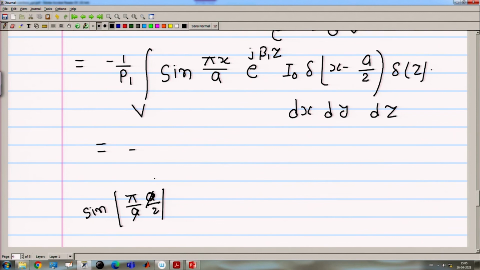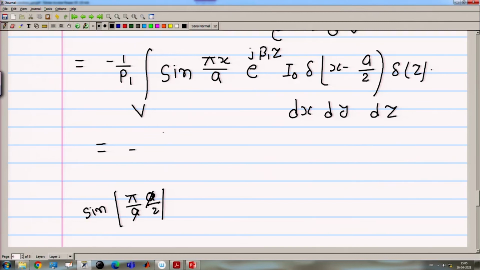So the integral value will be 1, and for delta z into e to the power j beta 1 z, z is equal to 0 has to be substituted in e to the power j beta 1 z, this will be 1 and again the integral will be 1. But for delta y, this is from y is equal to 0 to b and that will be b.